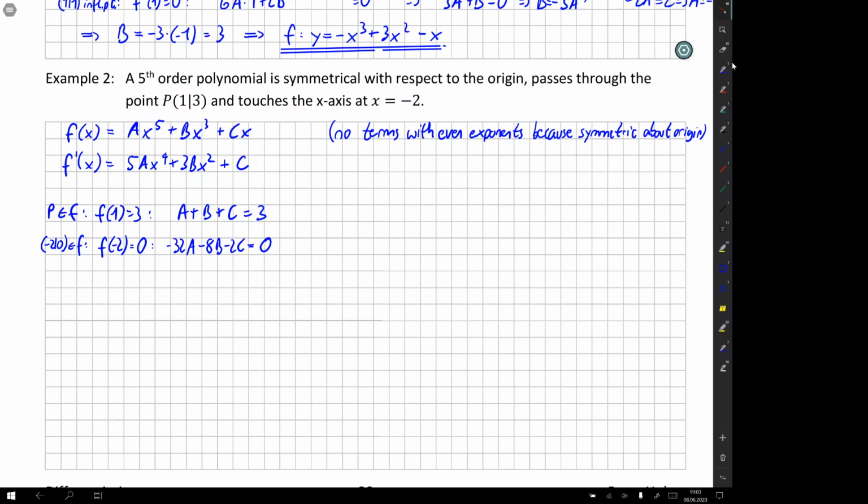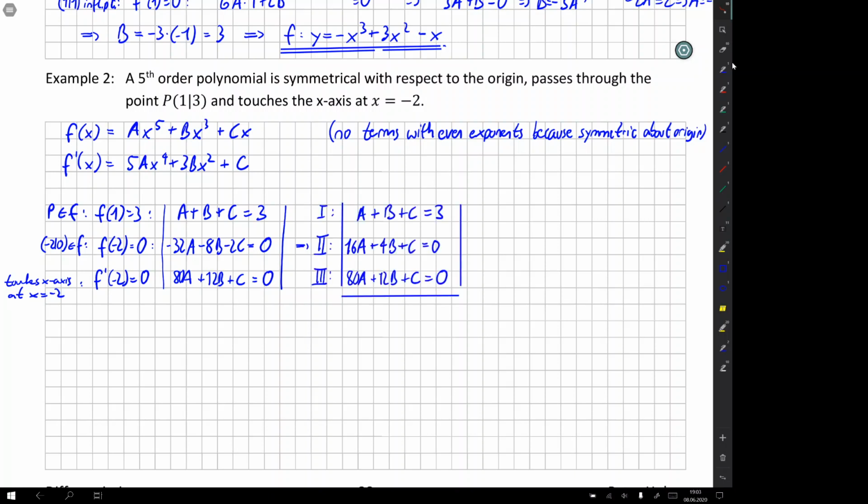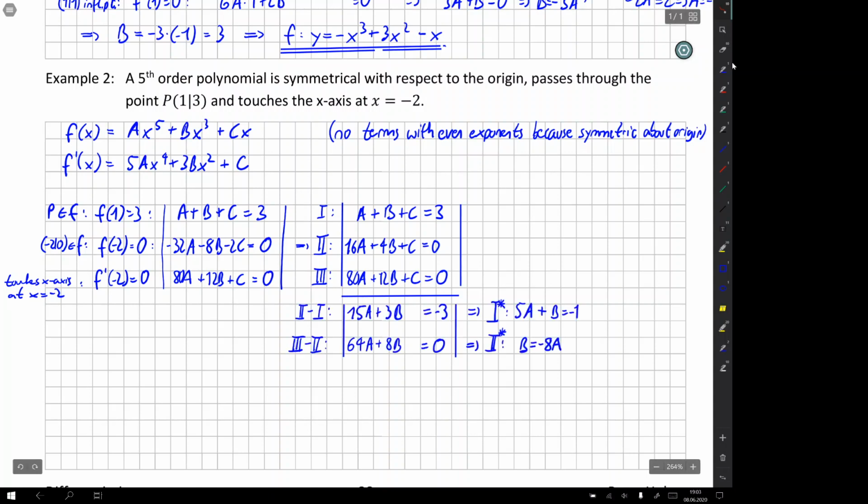The tangent is horizontal, so f dash of -2 is equal to 0, and we find this equation. Now we have an equation system, and we can simplify the second equation a little bit. Taking the second minus the first equation and the third minus the second equation, we get this equation system here.